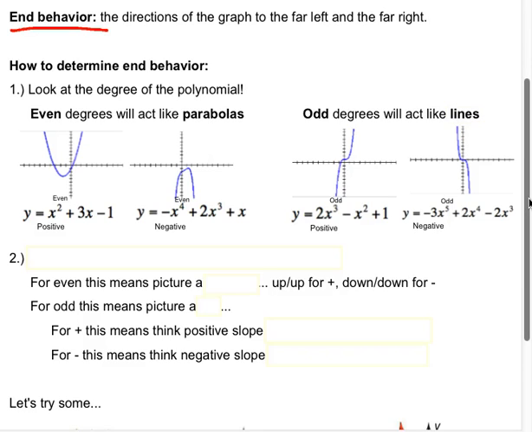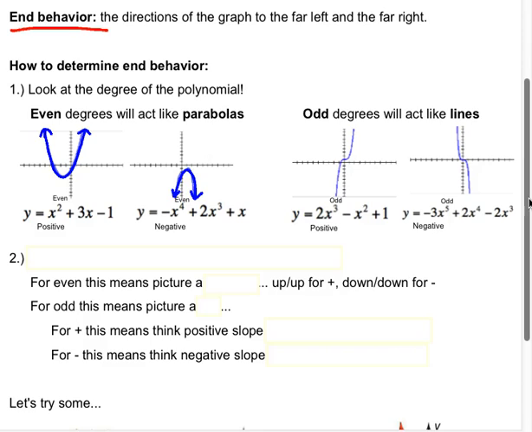And here I'm talking about end behavior. So what do I mean by that? Well, look at this. Here, the parabola is going up and up. Here's a degree 4, and it takes on that same thing, and towards its ends it's going down, down. So even the degree 4 at its ends is going to act like a parabola.